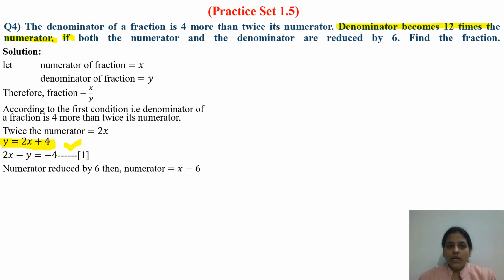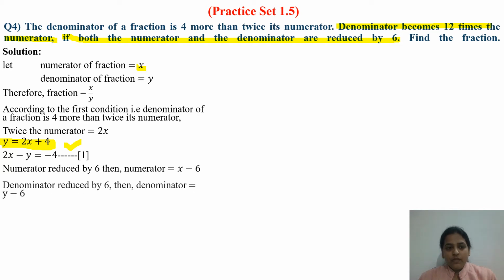So after reducing the numerator by 6 and the denominator by 6, the denominator becomes 12 times its numerator. How to design this? The numerator is x. When I reduce the numerator by 6, the expression is x minus 6.